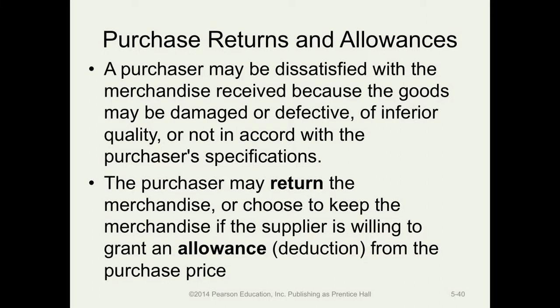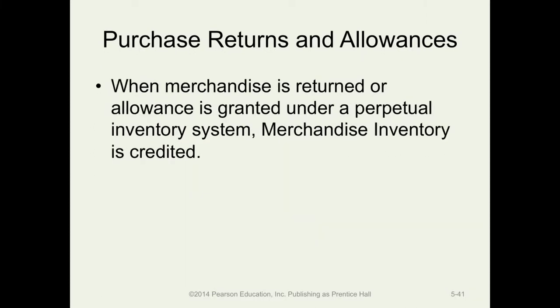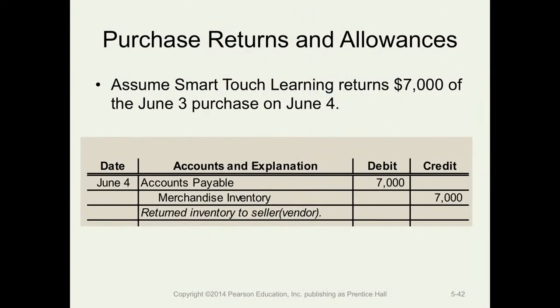Now, purchase returns and allowances, whether it's a purchase return or an allowance, is accounted the same way under a perpetual system. Both purchase returns and allowances will reduce the merchandise inventory directly under a perpetual system. So in this case, let's assume that Smart Touch decides to return. And it's the same thing if there was a $7,000 allowance.